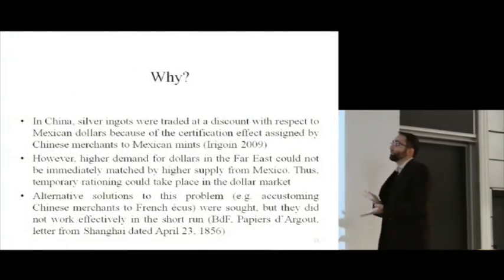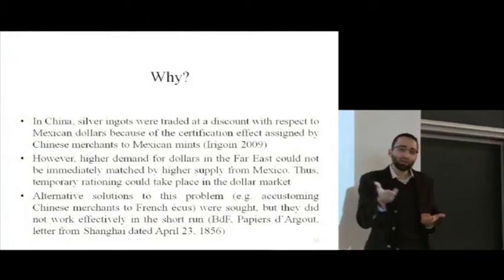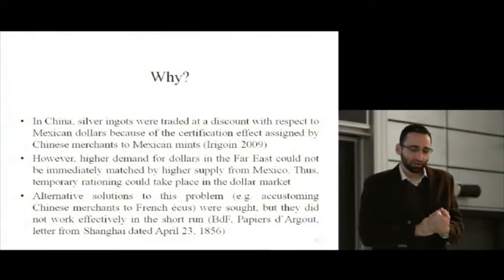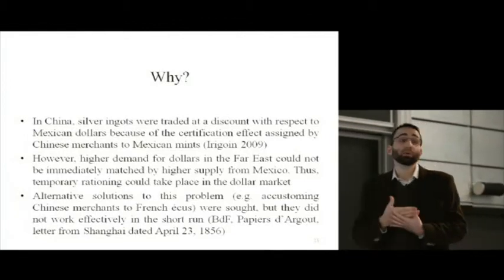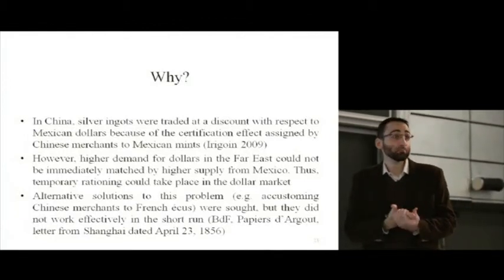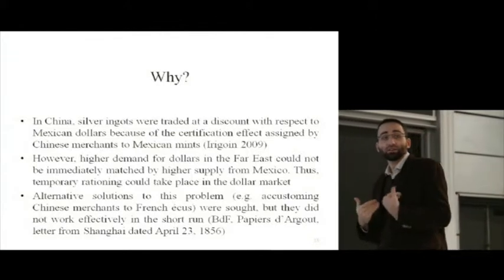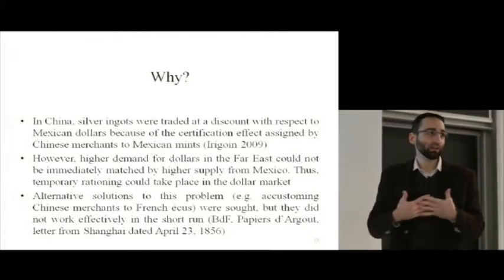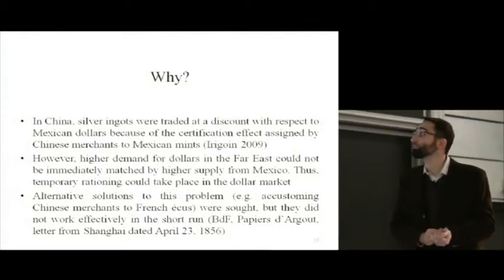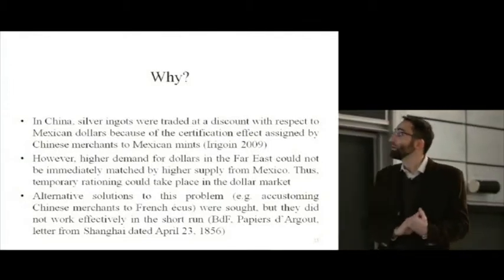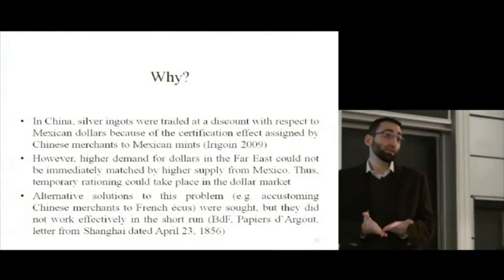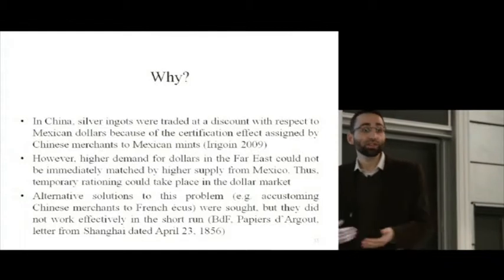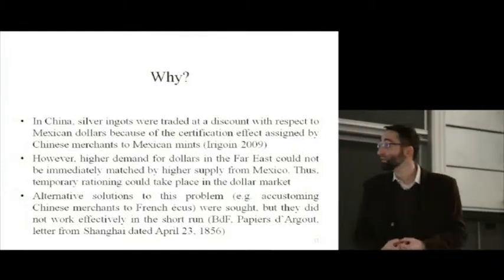The reason is, as we already hinted, that the Mexican dollar was traded at a premium with respect to ingots in China, because Chinese merchants very much appreciated the certification effect given by Mexican mints. So this was an indispensable instrument for people who had to settle imbalances in trade with the Far East.